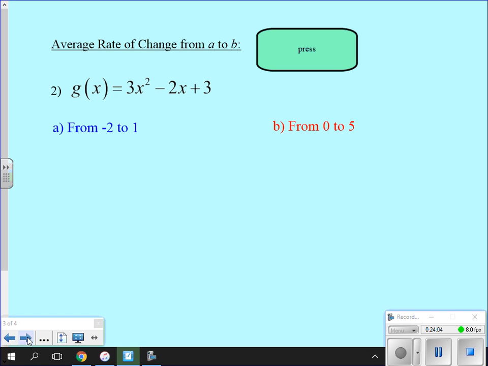Okay. Average rate of change. It's the same as the slope between 2 points. The average rate of change is the same as the slope between 2 points.